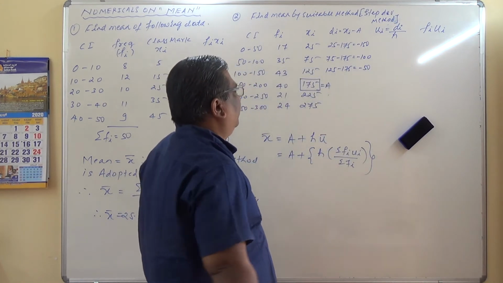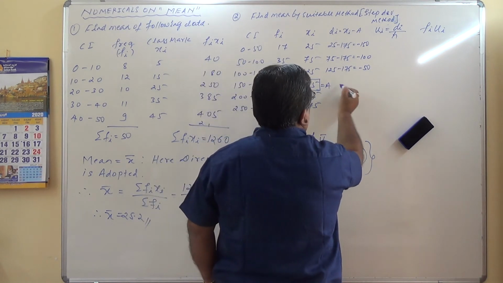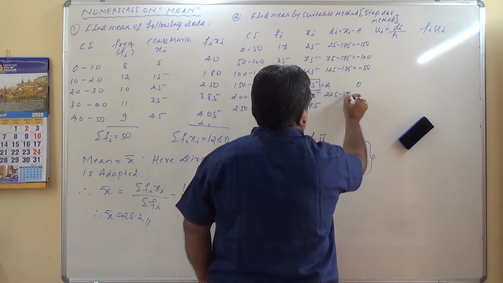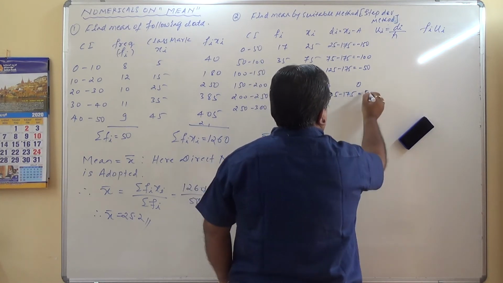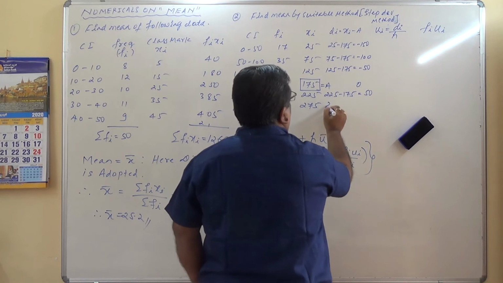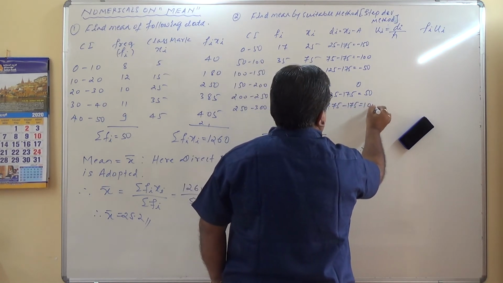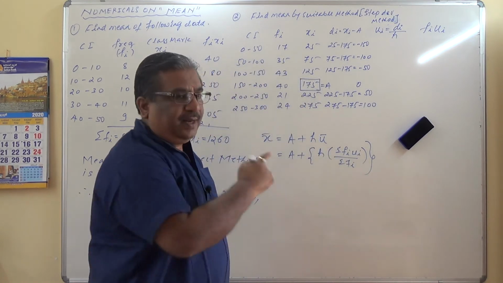Next, 175 minus 175 which is 0. Then comes 225 minus 175 which is 50, and 275 minus 175 which is 100. Check all these values.